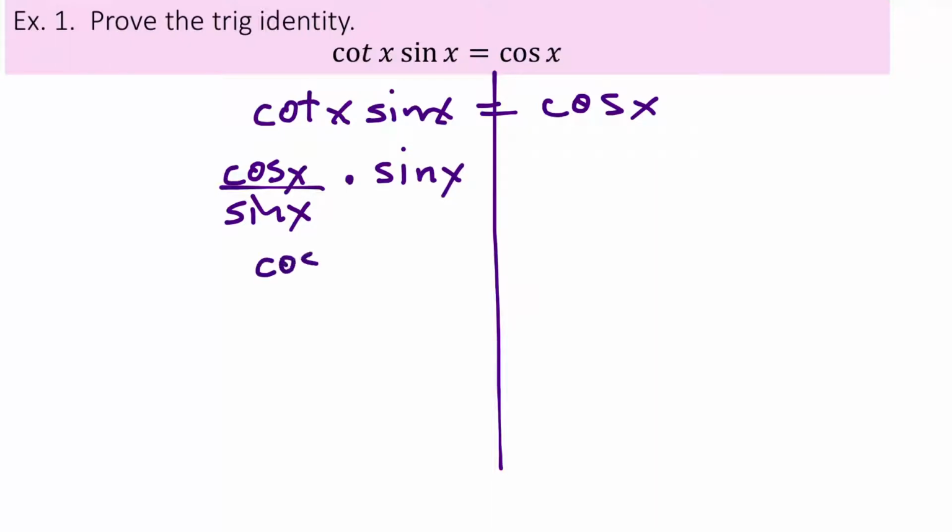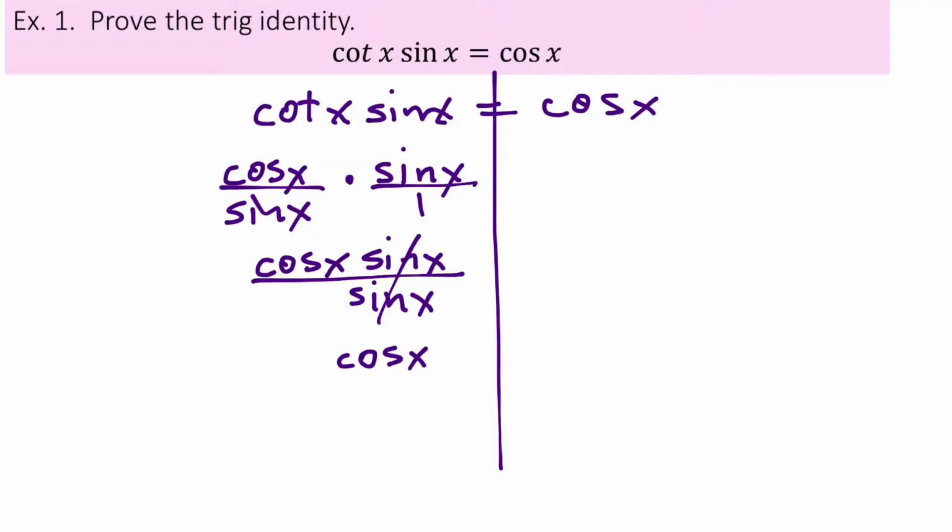So that would be cosine of x times the sine of x in my numerator and sine of x times 1 in my denominator. Now I'm going to cancel out those sine of x right there, and I'll be left with cosine of x. So at this point, I've established that I have a cosine of x on the left, and I have a cosine of x on the right. So I've proven this identity.